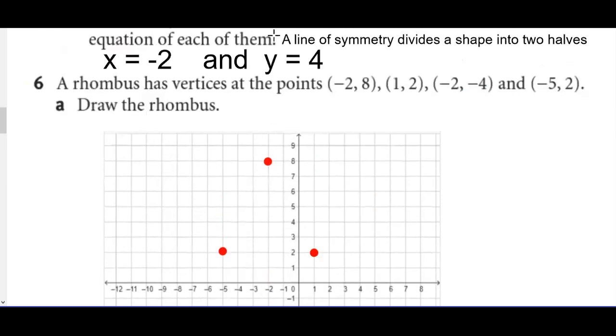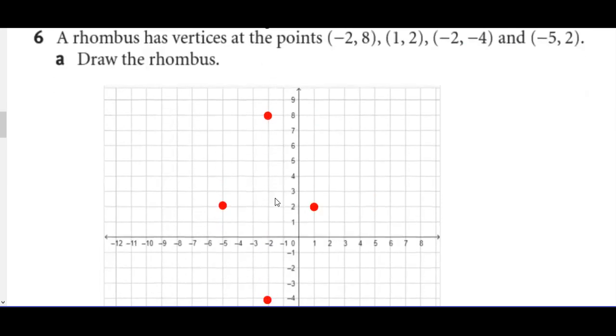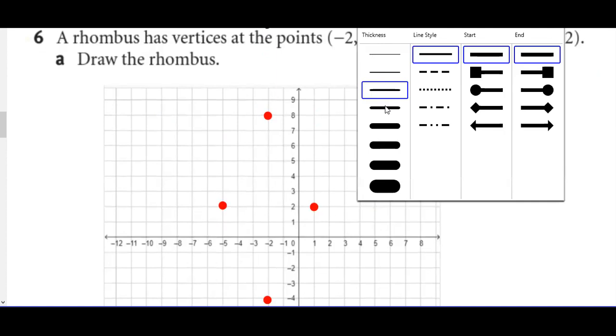Now draw the rhombus. So you go ahead, take your pencil and your ruler, and connect those 4 corners, those 4 vertices. Okay, so I'm going to connect them as follows.